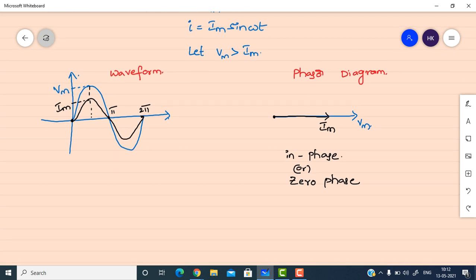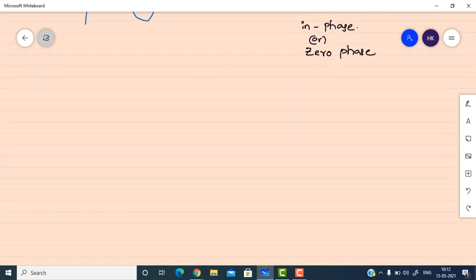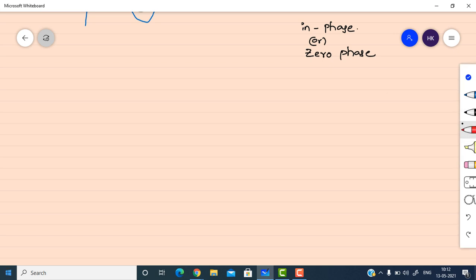And already you know about the lagging phase difference and leading phase difference. Now I will give you the lagging phase difference. So draw the waveform as well as the phasor diagram. Lagging phase difference means there is a phase difference between the two alternating quantities and one of them is lagging with respect to the other.